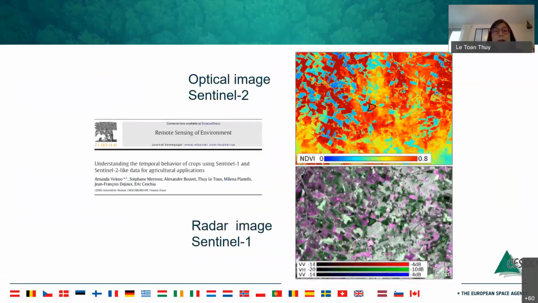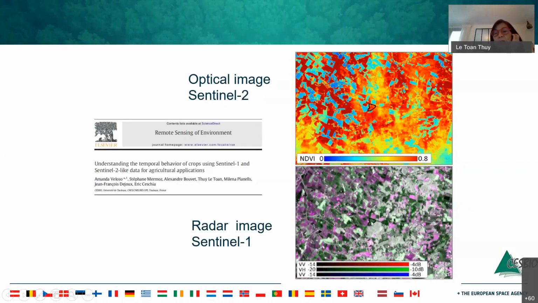And here is an example from colleagues who are using optical data. Here we compare an optical image with Sentinel-1, and Sentinel-2 equivalent, and they give different pictures of what is going on.